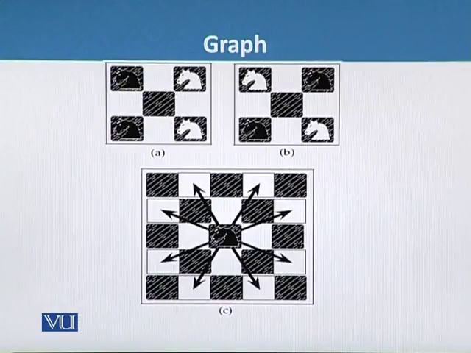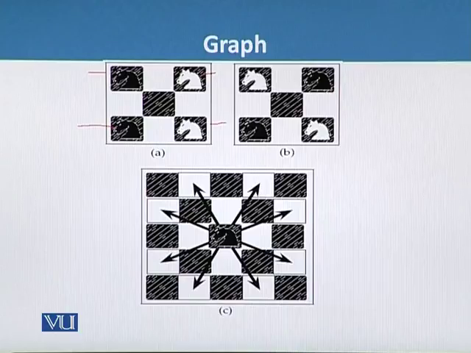In this diagram we can see a 3x3 chessboard. It shows two white horses, 1 and 2, and two black horses also.